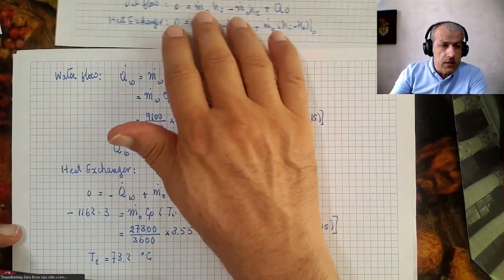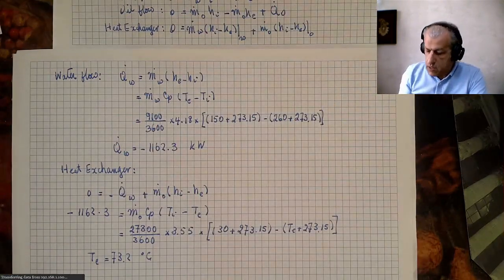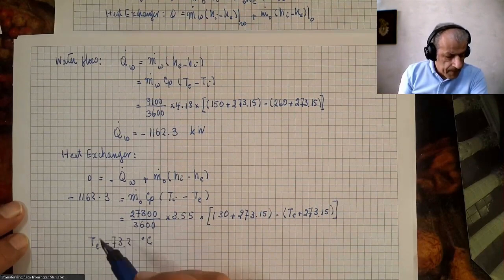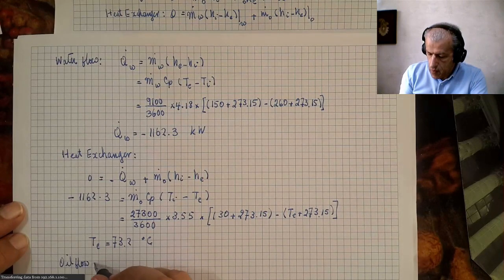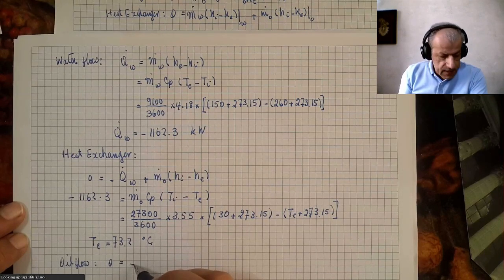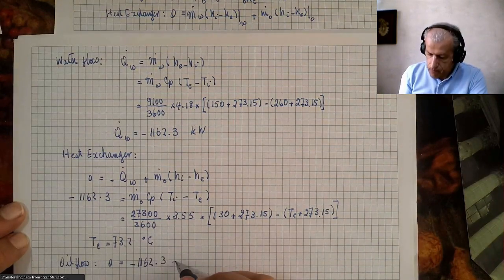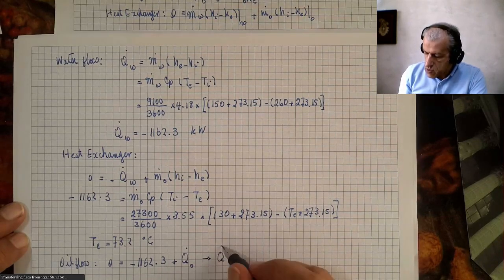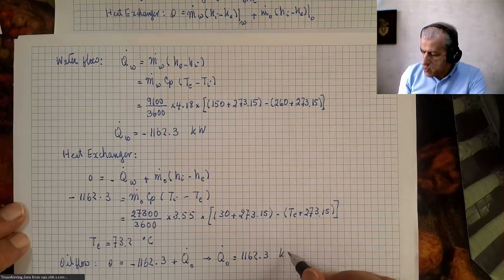Now, it's good practice to just replace everything in here and calculate Q dot O, which would entail oil flow, and here we have 0 equals minus 1162.3 plus Q dot O, and the outcome would be Q dot O equals 1162.3 kilowatts.